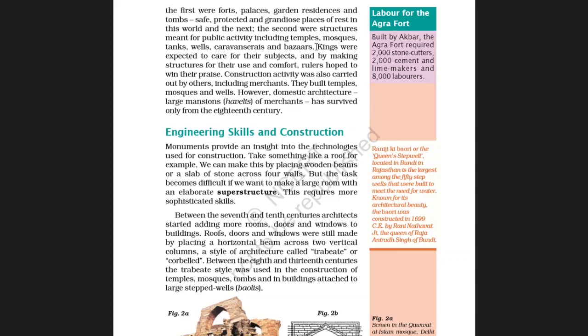And the second were the structures meant for public activity. So the structures meant for the work of the public, including temples, mosques, tanks, wells, caravanserais, and bazaars.